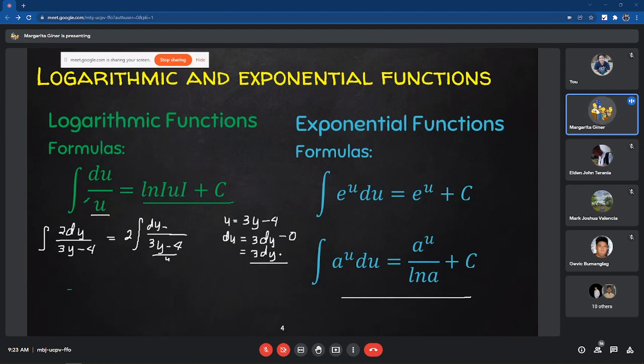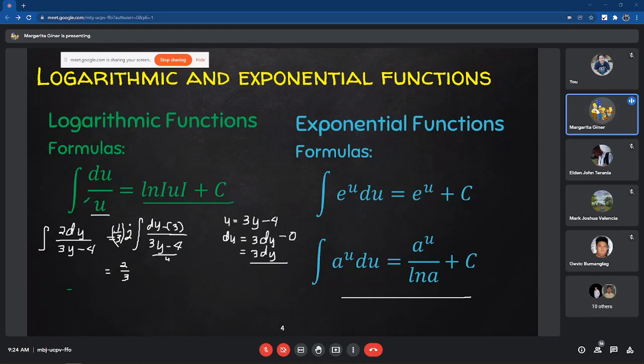So, meaning to say, it matches, but what is missing is the 3. So, multiply by 3 and then multiply by the reciprocal of 3. That's why we add a 3, to make it 3 dy, and we also multiply by its reciprocal outside. So, if you multiply 1/3 times 2, you get 2/3.